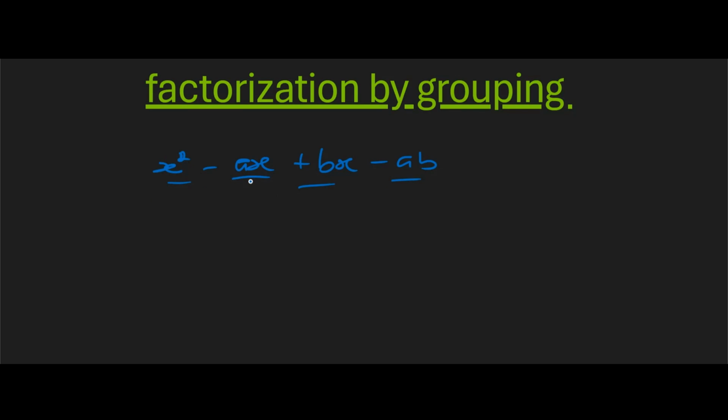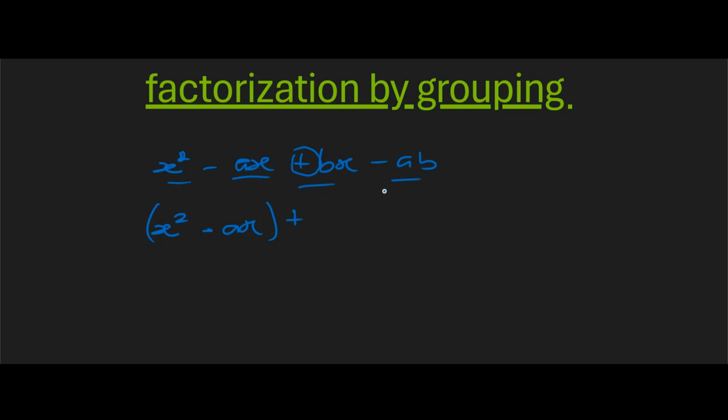And how do we go about it? After getting your four terms, we just group the terms into two. That is why we call it factorization by grouping. So now let's group. I'm going to get x squared minus ax in one bracket. Don't forget to bring the addition sign here, plus.